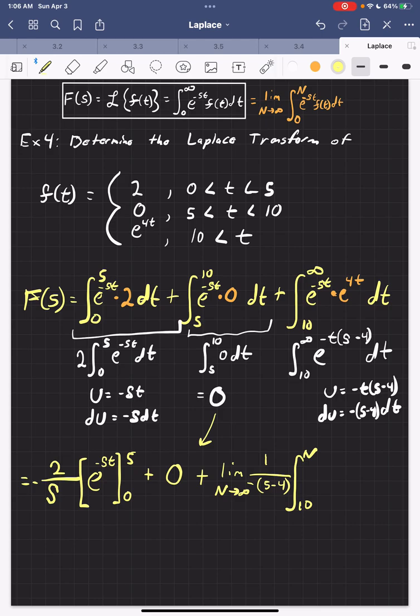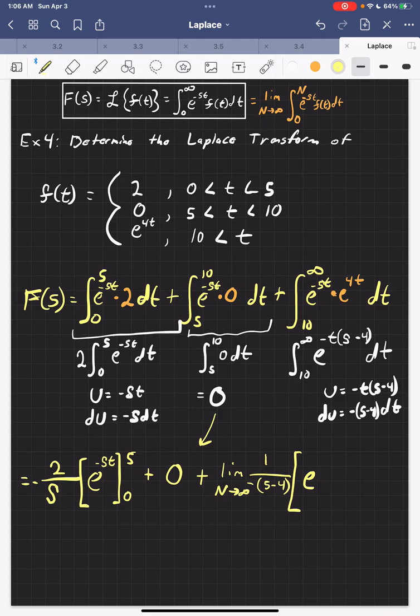Actually, there's no need to have this step. I can integrate this right now, because all we would be doing is integrating e to the u. Very simple. So if I integrate e to the u, I just get e to the u, and I'm going to back substitute.